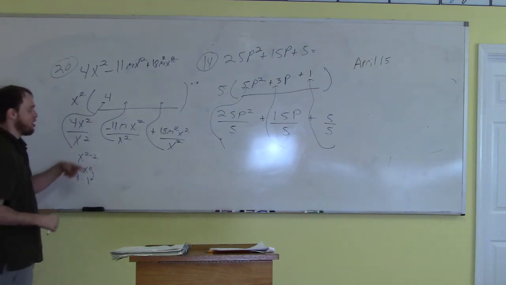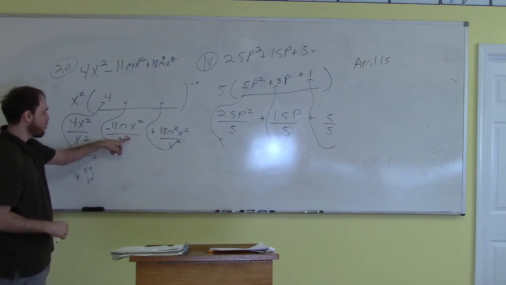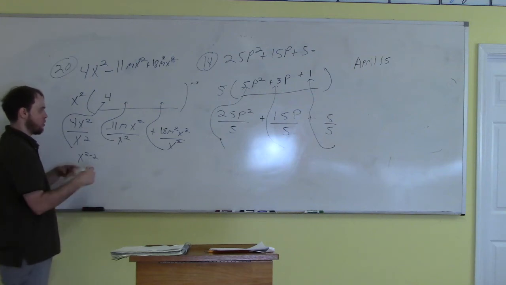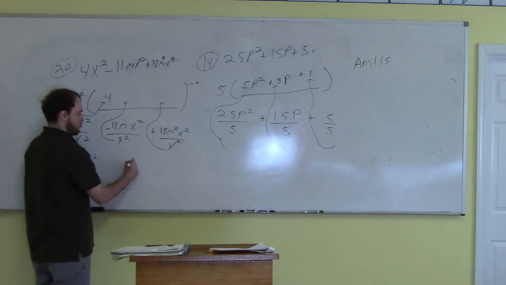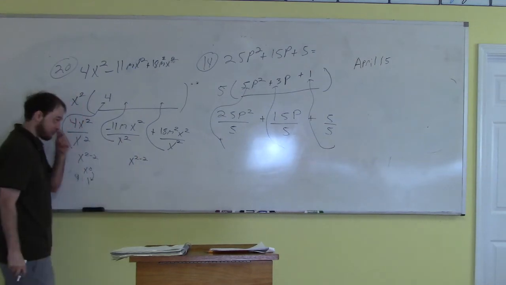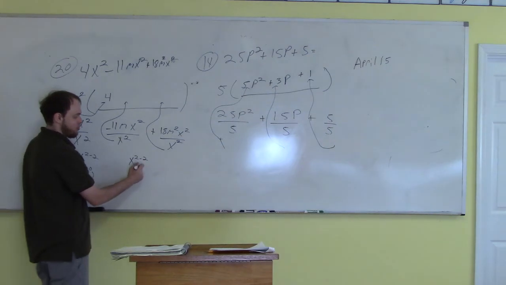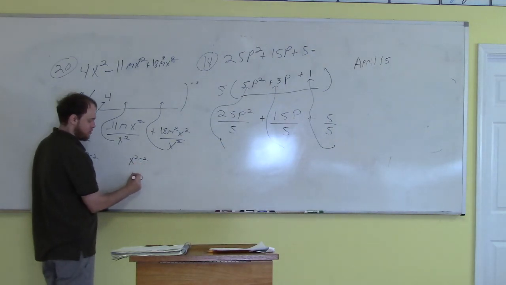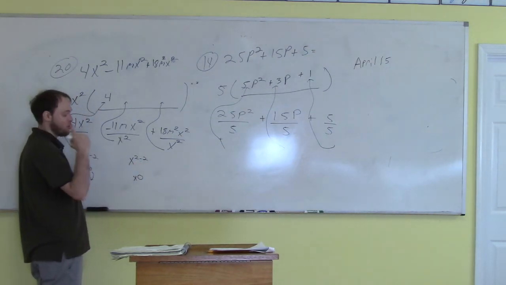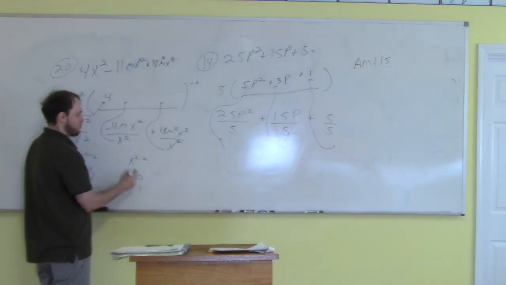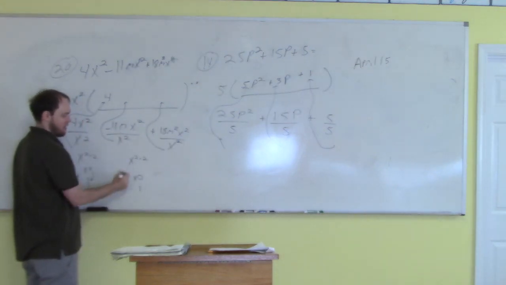So 4 goes there. Now here, you're going to do it the same way. You're going to do the x squared divided by the x squared. Notice what happens again: the x squared, 2 minus 2 is 0, x to the 0 power. X to the 0 power is just 1. So then you have the negative 11m left.